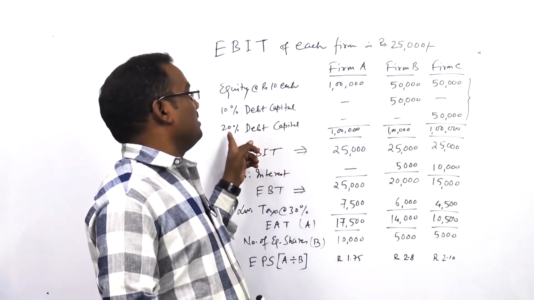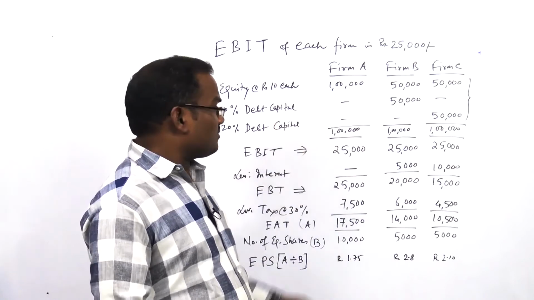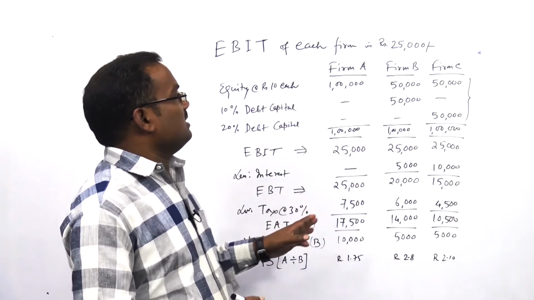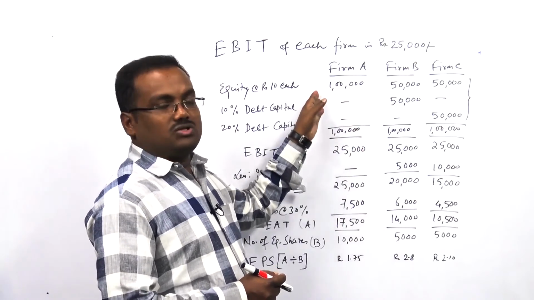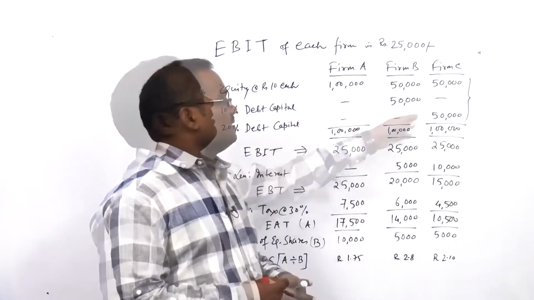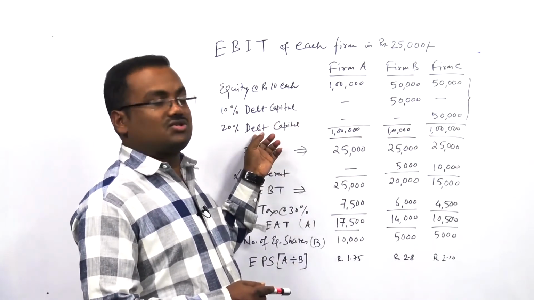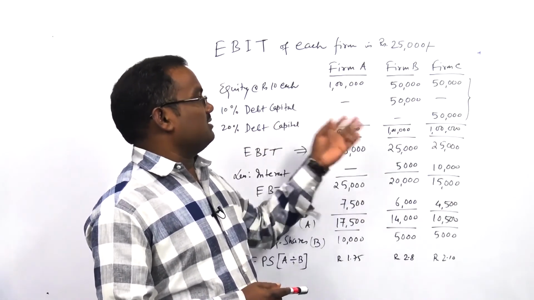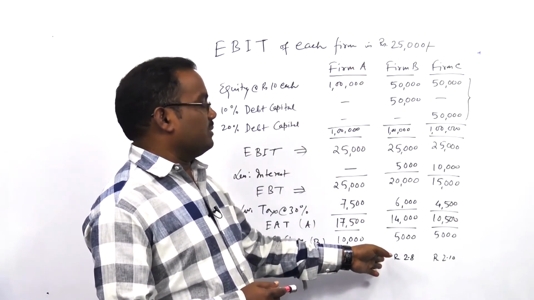That means they have to pay a higher interest rate than Form B on debt capital. So we can say that a firm should not acquire capital only from the issue of equity shares, nor by paying a huge interest rate. So from these three forms, we can say that Form B has achieved the optimum capital structure.